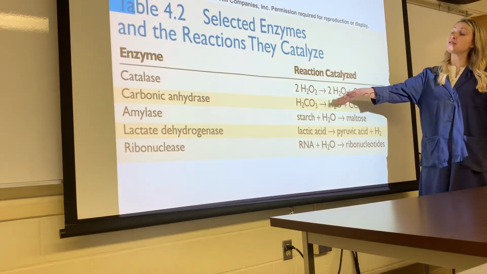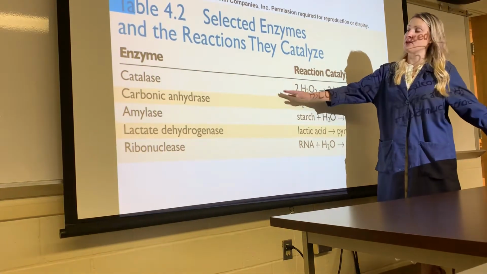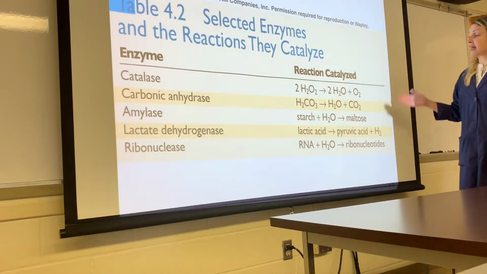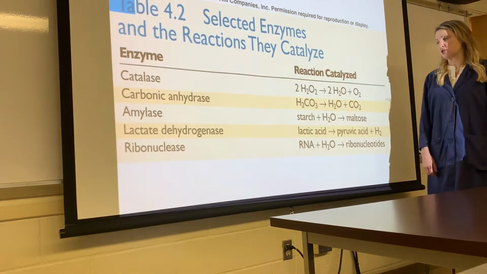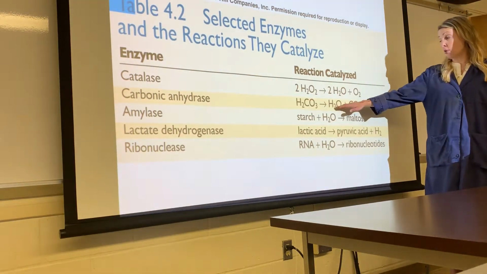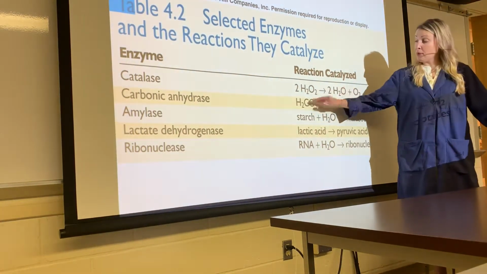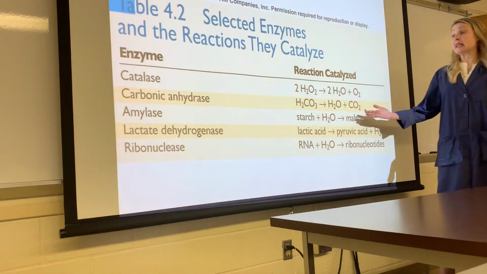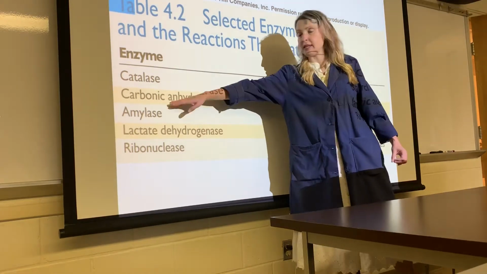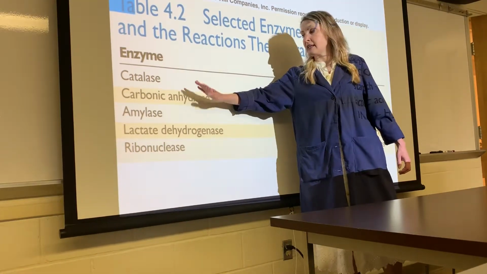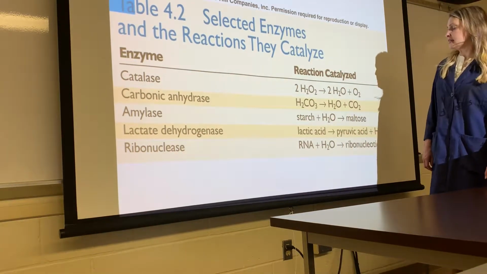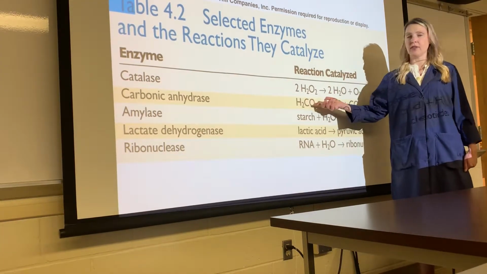Anyway, carbonic anhydrase is a very interesting enzyme because it's one of the very few enzymes which can catalyze a reaction in the opposite direction. So it can also catalyze the reaction of water and carbon dioxide going back to carbonic acid. What's nice about the naming of enzymes is you've got carbonic in there for carbonic acid, and anhydrase, because what it does is it takes away some of the hydrogen.